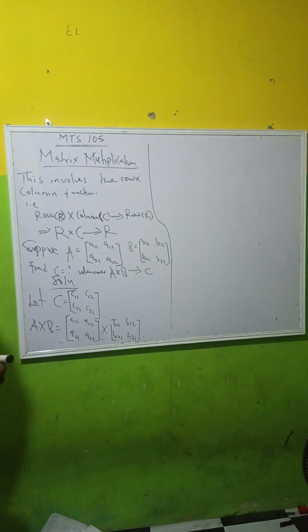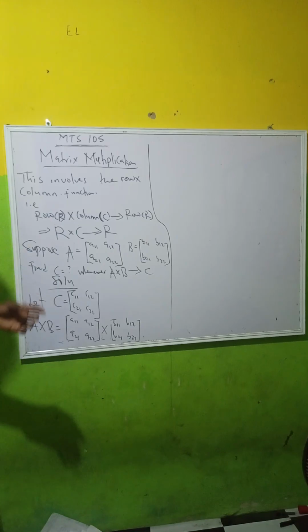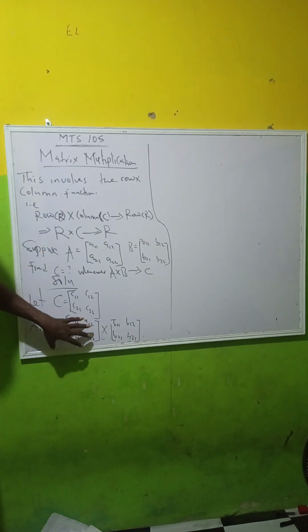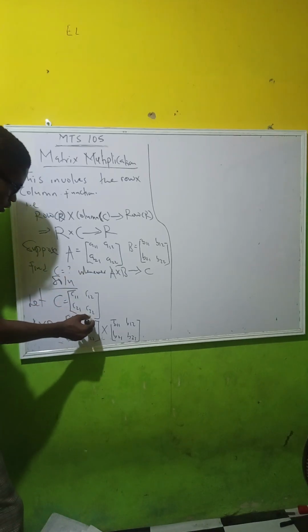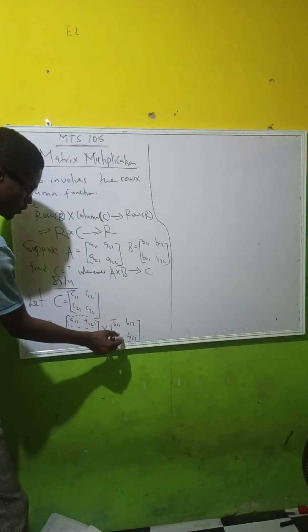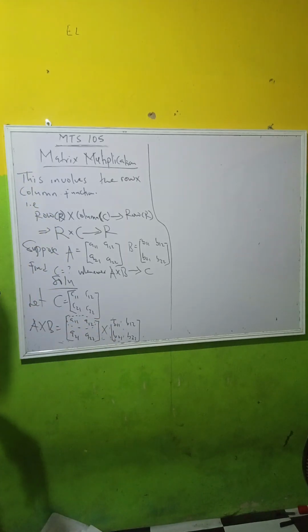Alright, so let's solve the problem. Now the rule states that row times column will give you row. This first row in this first matrix is the one that begins it. So the first row here will multiply the first column here to give us row. Are we together?